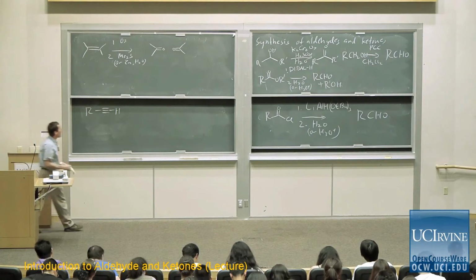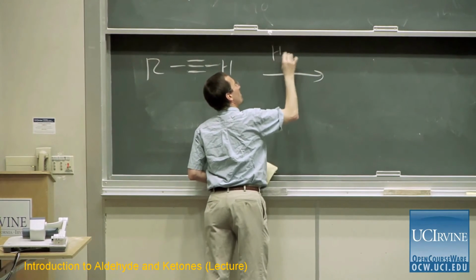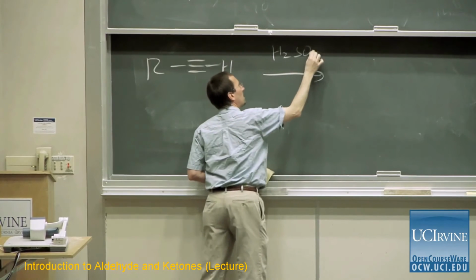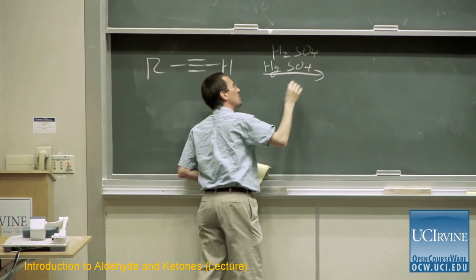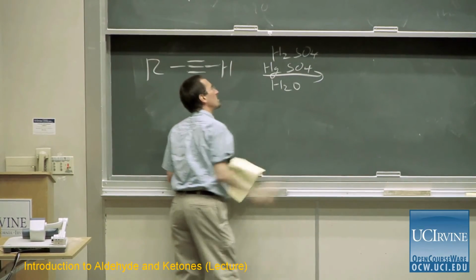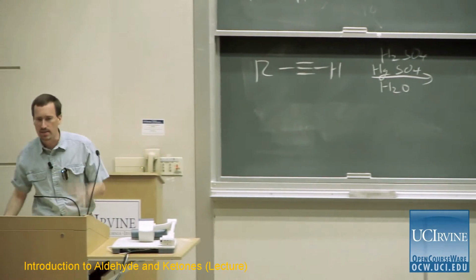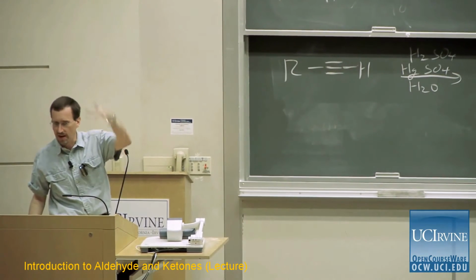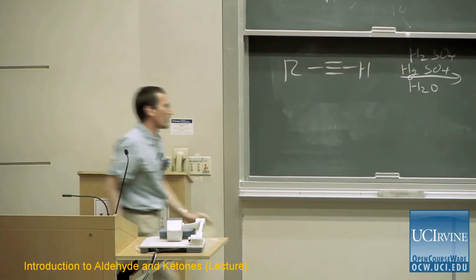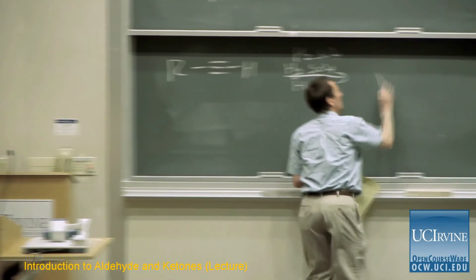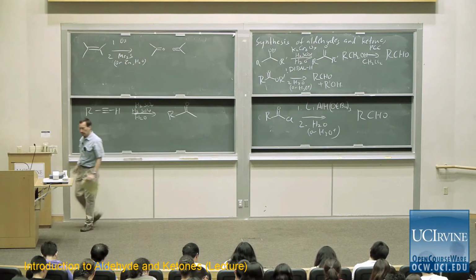For example, if we have a terminal alkyne and we treat it with sulfuric acid and a catalyst, typically a mercury catalyst like mercuric sulfate, HgSO4, in the presence of water, we add a mole of water across the alkyne in a Markovnikov sense. The first product is an enol, which we'll be talking more about later. The enol undergoes tautomerization to give the corresponding methyl ketone.